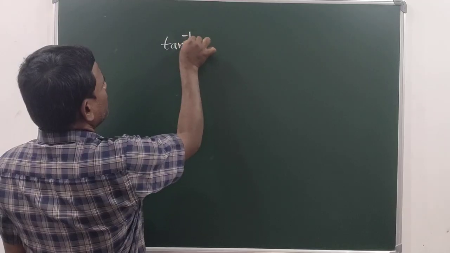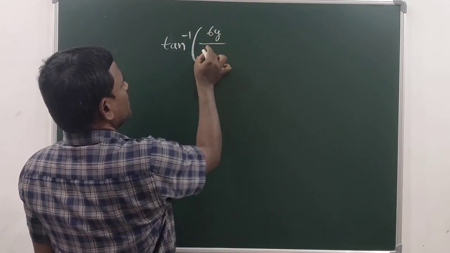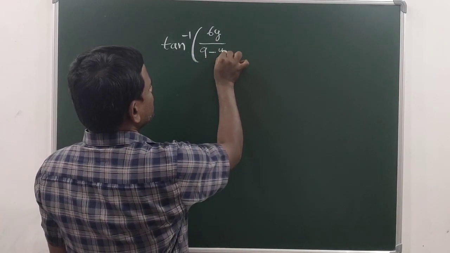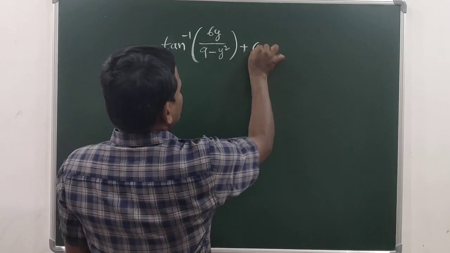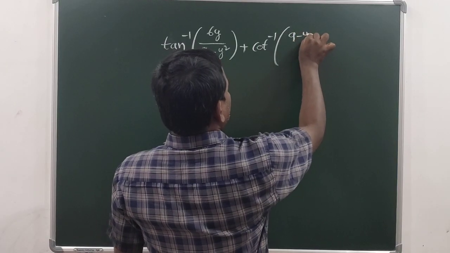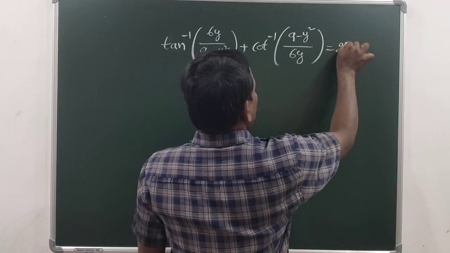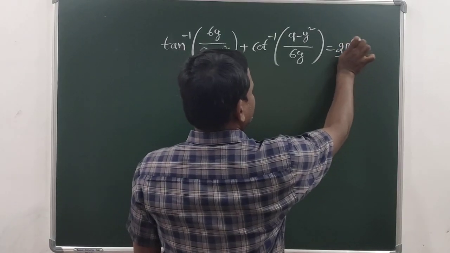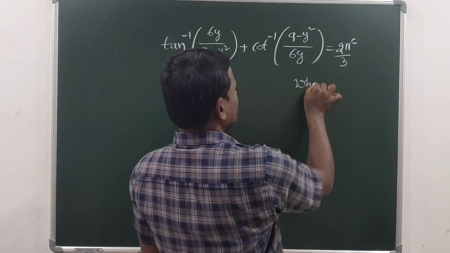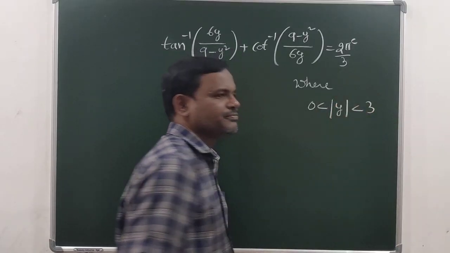Find the sum of solutions of this trigonometric equation. Tan inverse of 6y by 9 minus y square plus cot inverse of 9 minus y square by 6y, which is equal to 2 pi radians by 3, where 0 less than mod y less than 3.